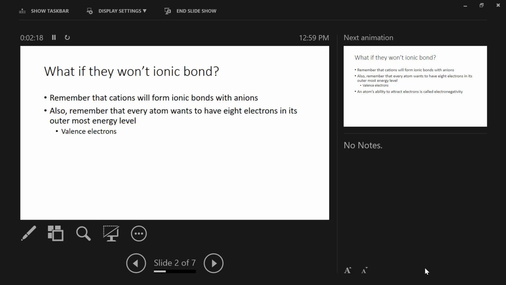To have 8 electrons in its outermost energy level, or another way to say this, to have 8 valence electrons. That is what every atom wants, and every atom can have it by forming one of 3 types of bonds: ionic bonds, covalent bonds, or what we're going to talk about today.